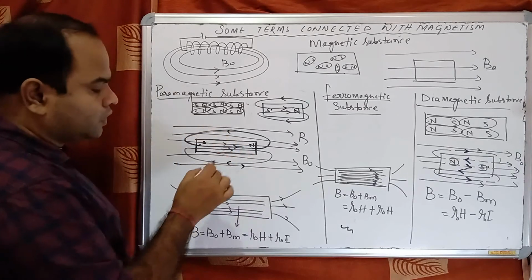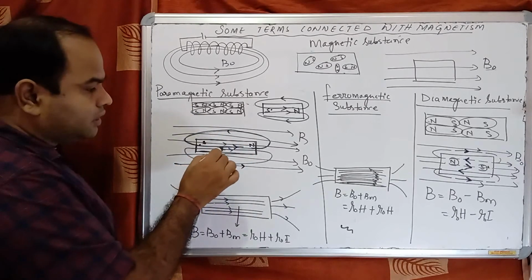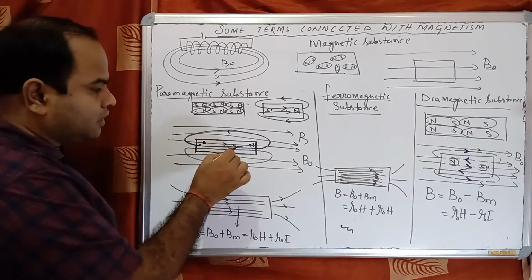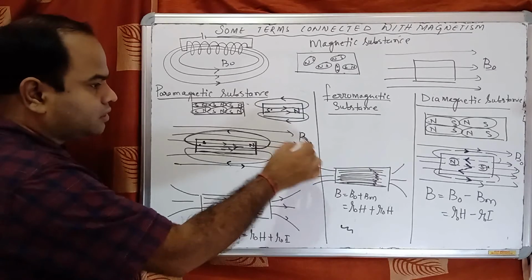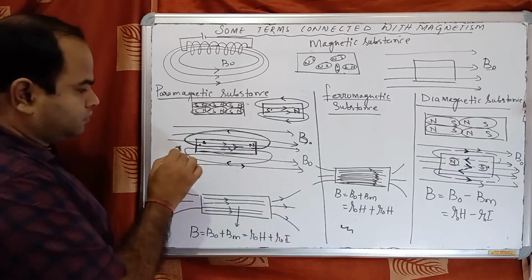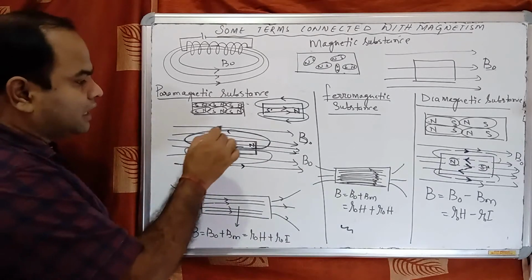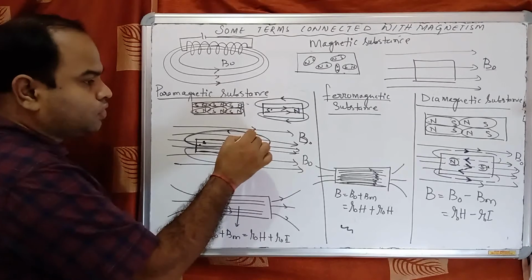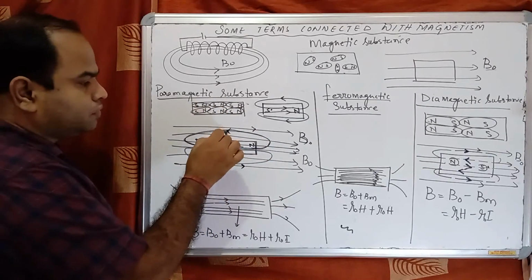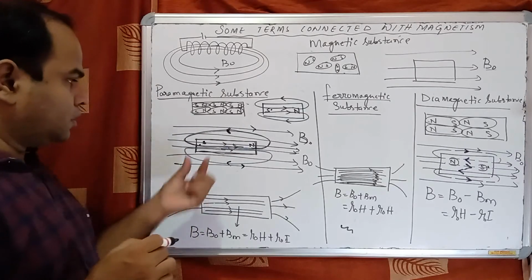Okay. So inside the magnetic substance, the direction of the induced magnetic field is the same as the direction of the external magnet, like this. But outside, the direction of the external magnetic field is opposite to the induced magnetic field direction.